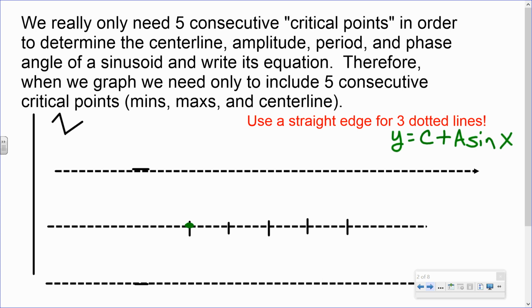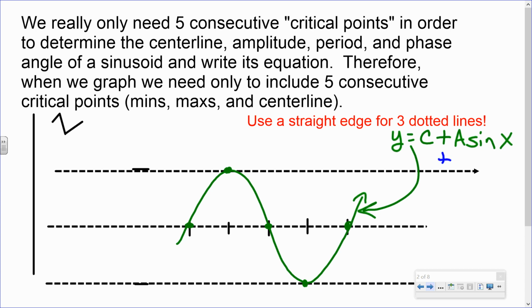And then for the next critical point, we're going to go straight up above that tick mark and do another dot. So it's going to be center line increasing, then a dot on the center line, then a dot even with the next tick mark but on the min, and then back to the center line. Then we can draw in the curve, and that would be how we would start anything that is a plus sine curve.